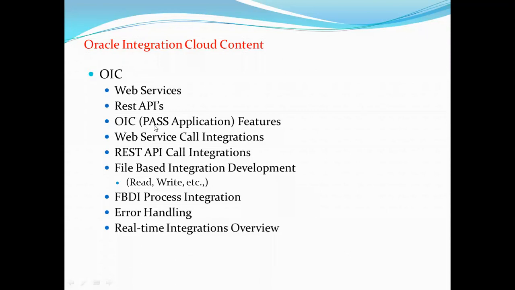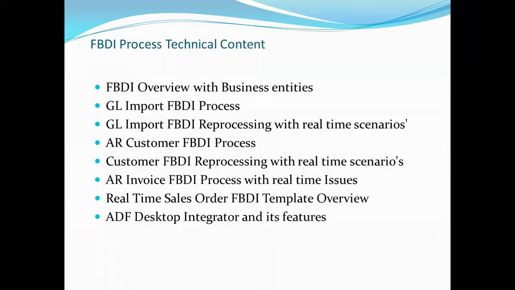We'll see some of the PaaS application features, nothing but OIC. Whatever OIC is there is a complete PaaS application. We'll see the complete features Oracle is providing, how to call web services in our OIC application, how to invoke REST APIs, and the file based FBDI import. Here I said FBDI process.